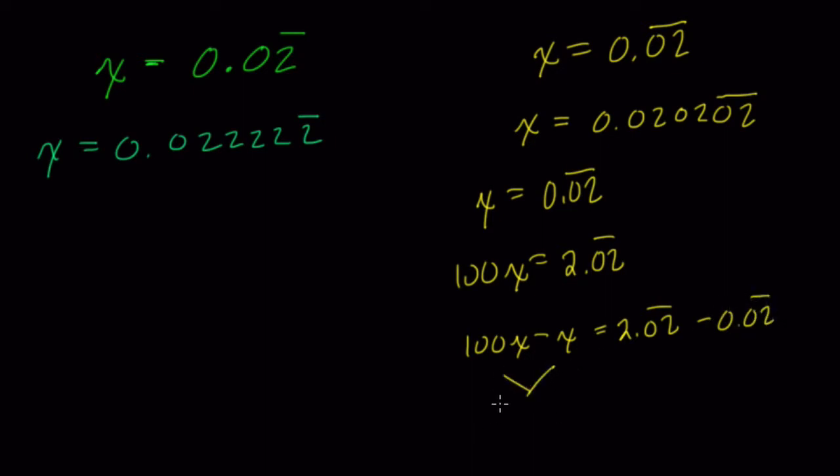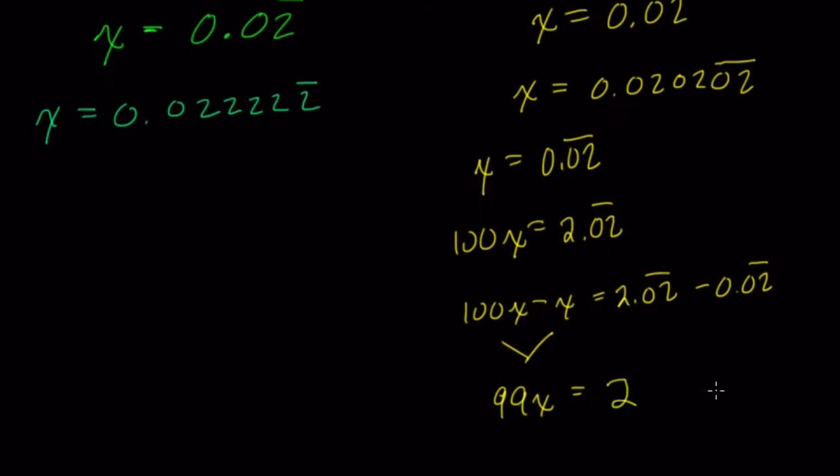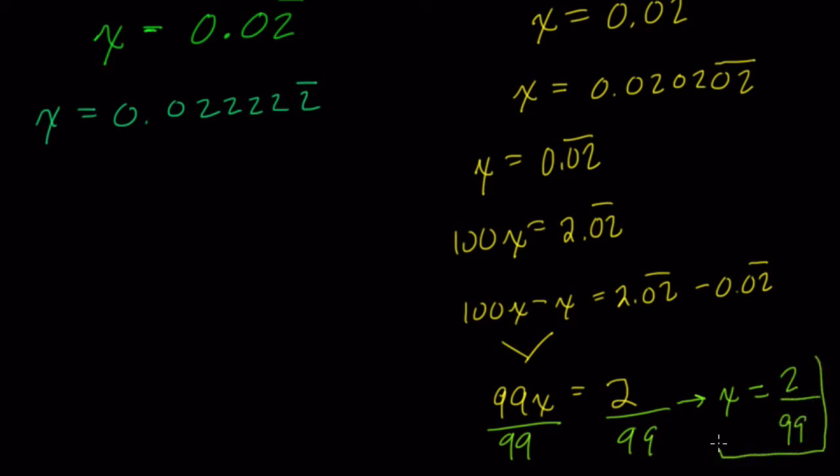In algebra, 100x minus x is 99 groups of x. And over here, take away the 0.02 repeating from 2.02 repeating and just get 2. We finish by dividing by 99, right? And then we get our fraction. X equals 2 over 99, right? Okay, so those are equal.